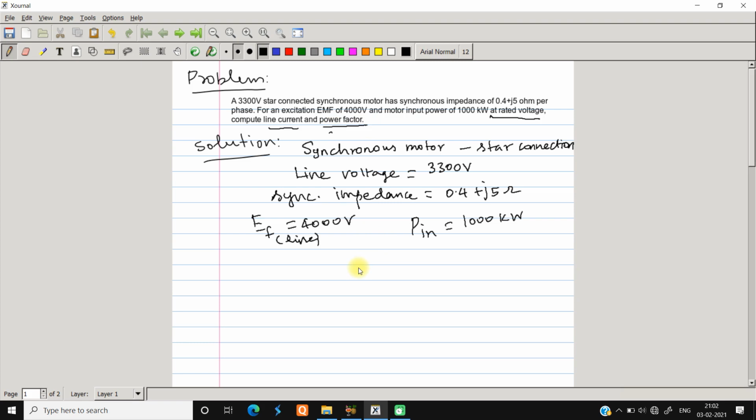Before IA we need to find out delta, because from the power triangle diagram, with IA, ZS, EF and VT, we can apply the cosine rule over that particular triangle, since we have studied those triangles in the previous videos. So from that triangle we can find out the value of IA.